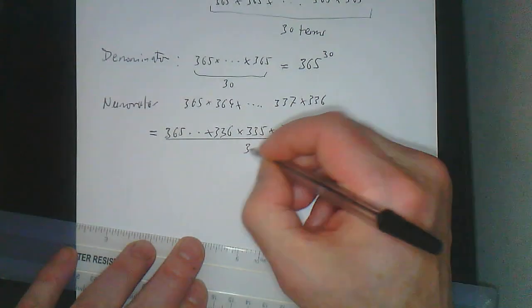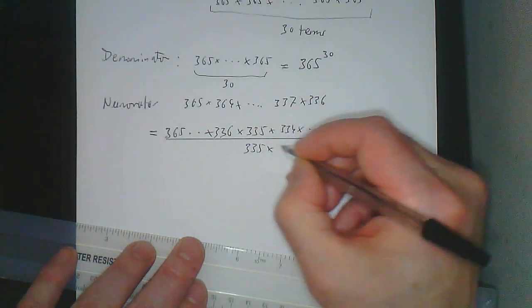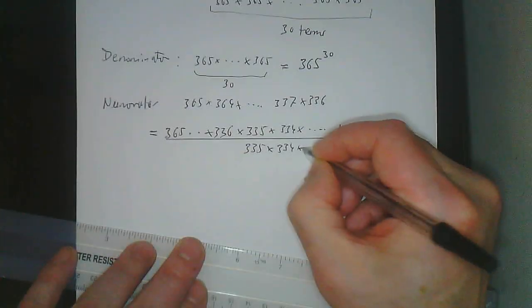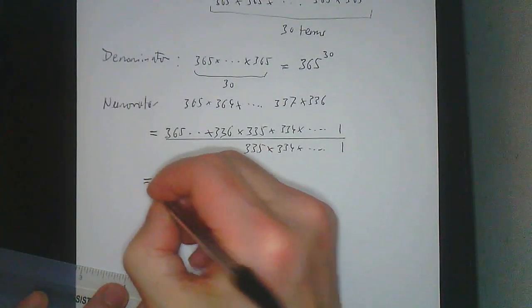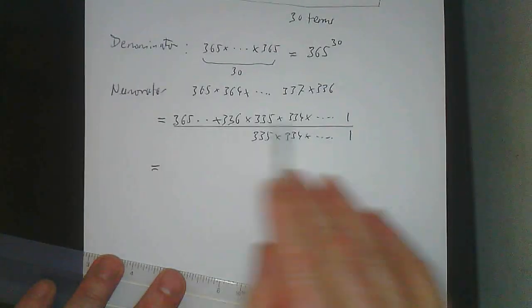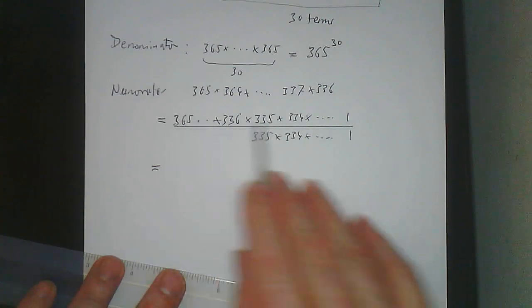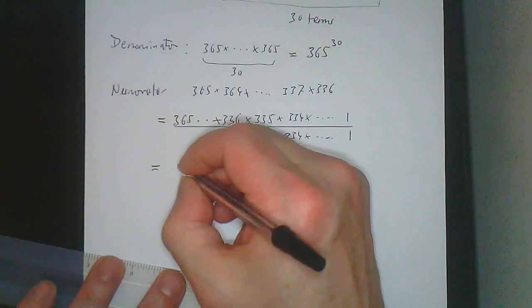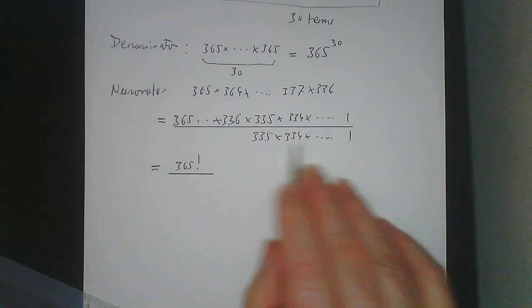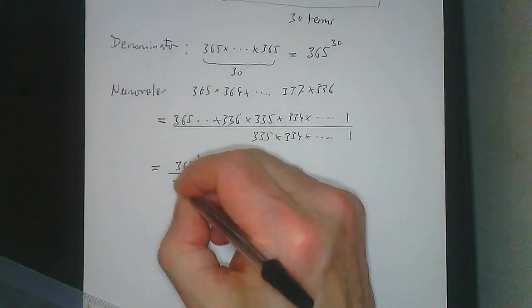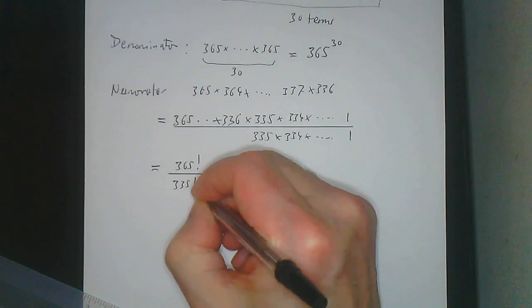So on the top, we've got 365 all the way down to 1, so that's 365 factorial. And on the bottom, we've got 335 down to 1, so that's just 335 factorial.